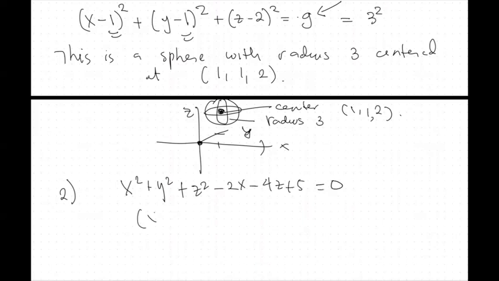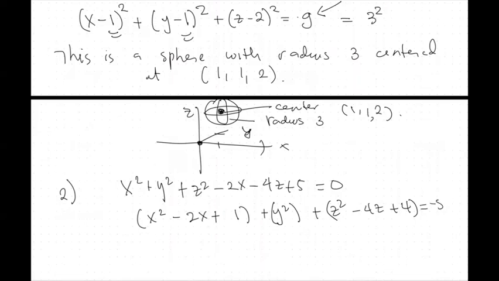With the same argument, we get x squared minus 2x, then to complete the square we add 1, and then plus y squared, plus z squared minus 4z plus 4. And then we get negative 5 plus 4 plus 1, so we just have 0. So this is just a point.